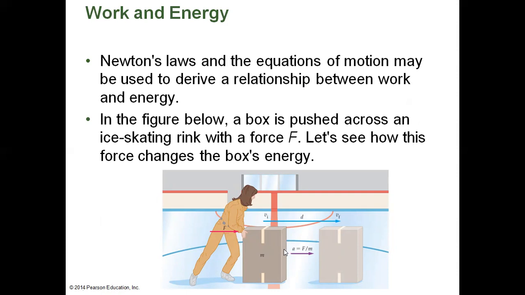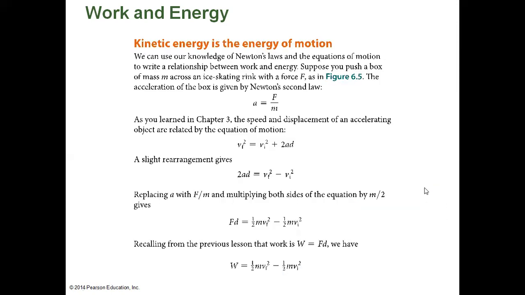So that time, this box will get energy, its kinetic energy changes. It gets displaced, pushed from this location to this location. So obviously, the energy of the box changes. The kinetic energy is the energy of motion.